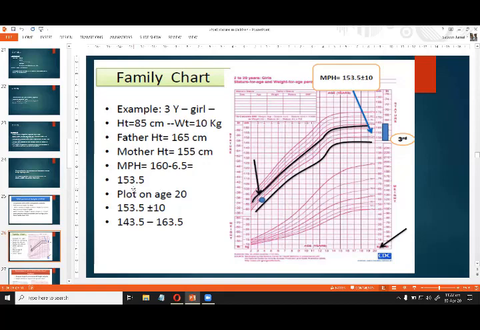The result comes out to be 153.5 centimeters. Now on the growth chart, you plot this at 20 years of age. It comes at around this, and plus minus 10 is 143 and 163. This will be the expected family range, and the final height of this child would lie somewhere here.